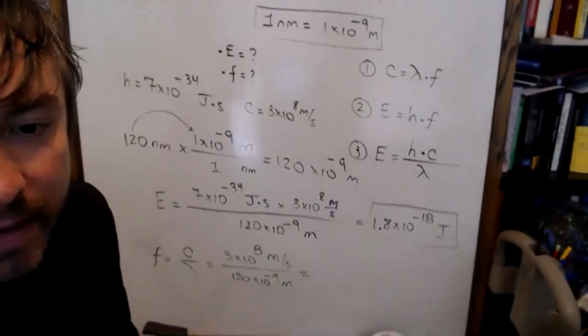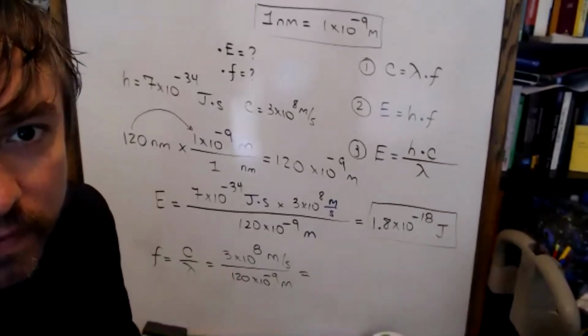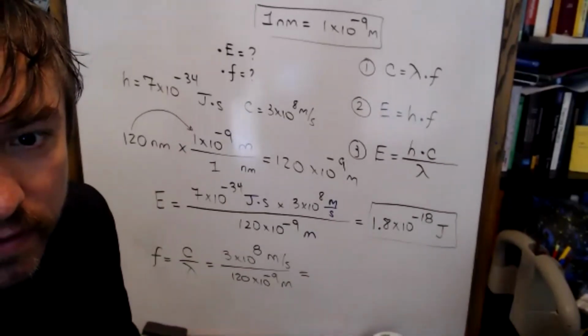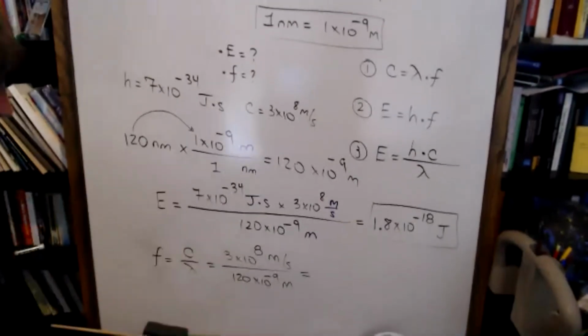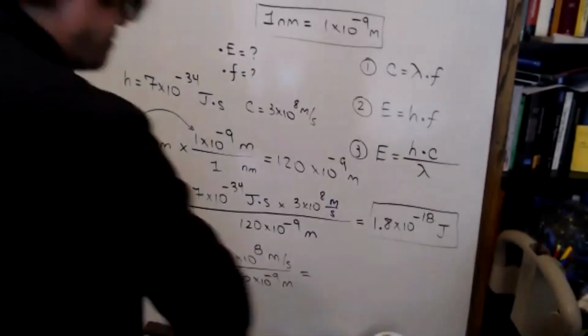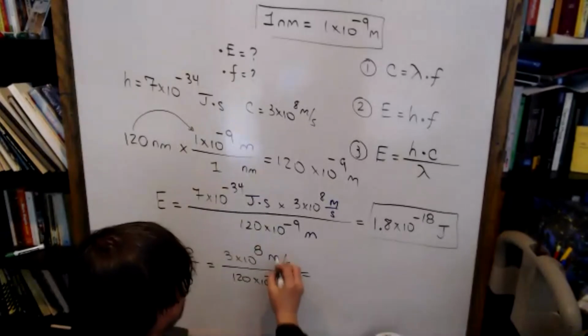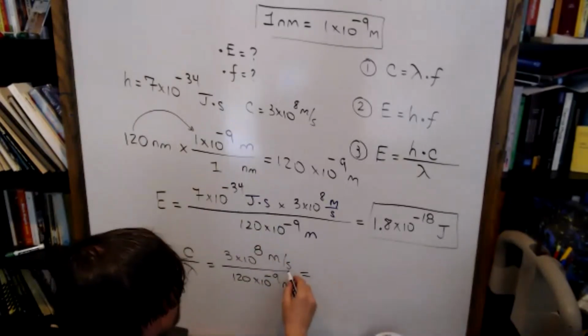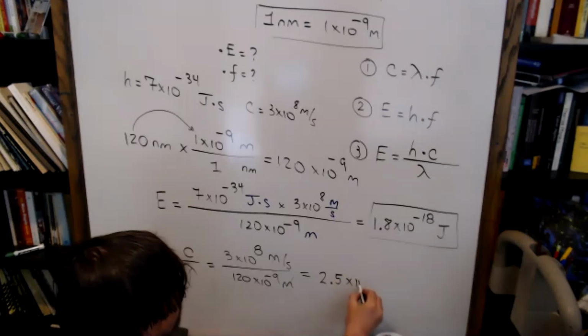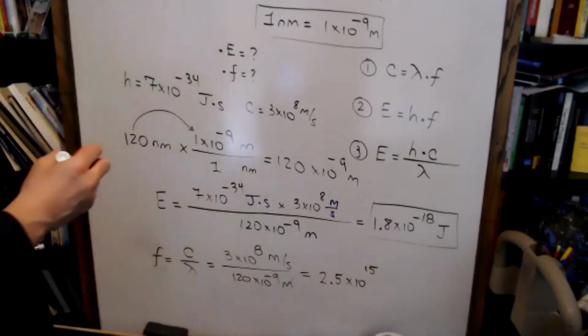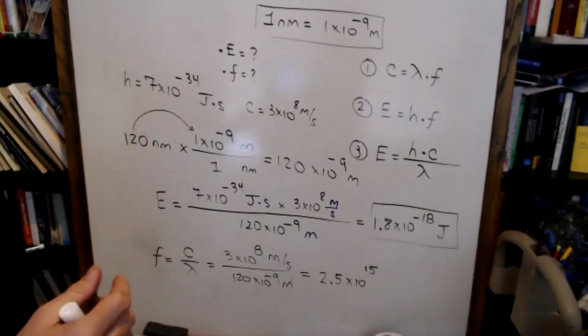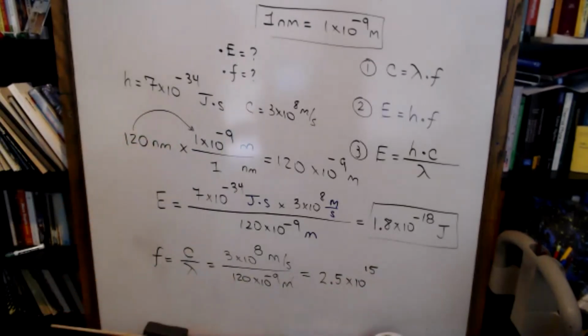Okay, what do you got? 2.5 times 10 to the 15th. And the units? Meters. No, the meters cancel. Oh, seconds, sorry. The seconds is on the bottom. Keep trying.